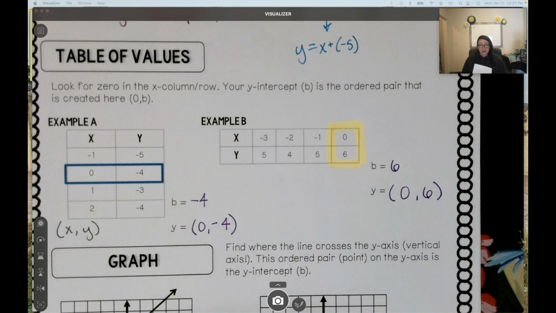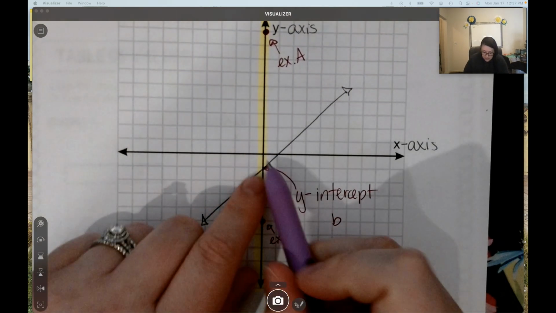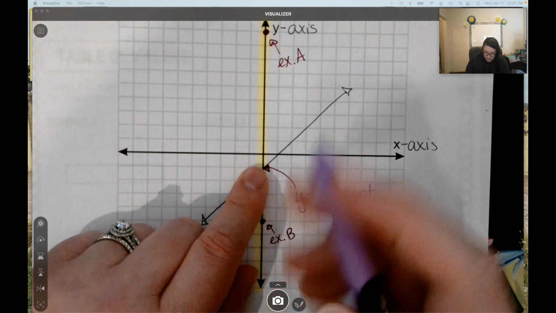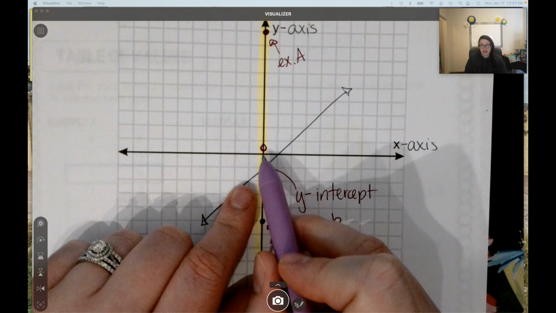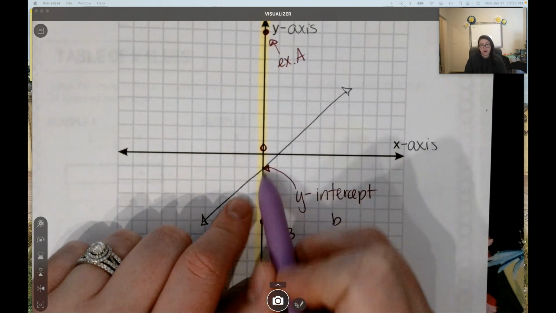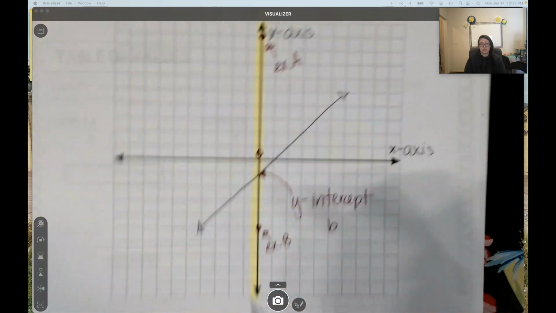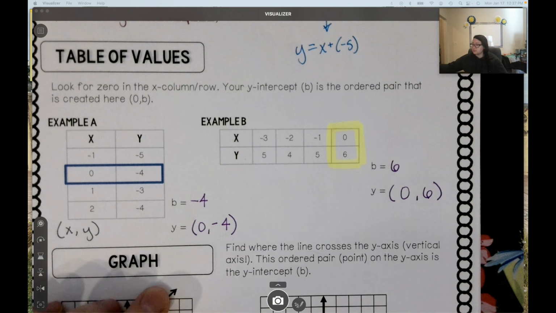It's always where your x is equal to 0, because on my y-axis, my x value is 0. I don't go to the left or the right. I only go up or down from my origin. If I only go up or down, that means I only have a y value, a number in the second spot and a 0 in the first.